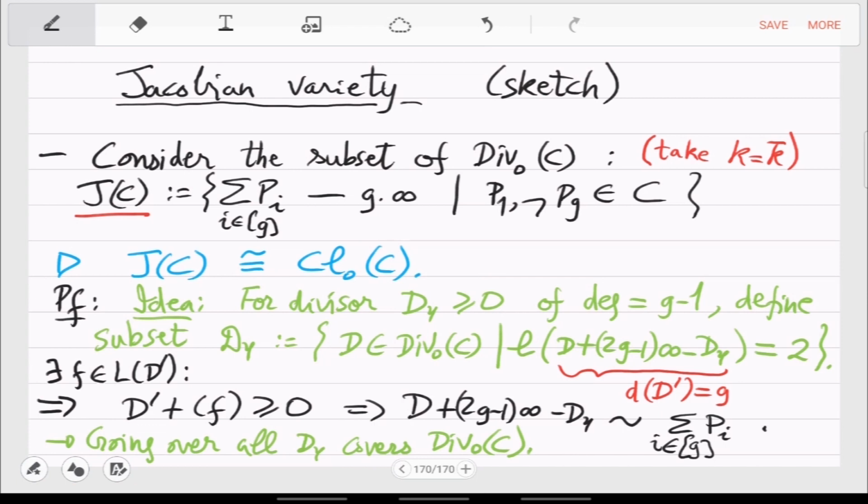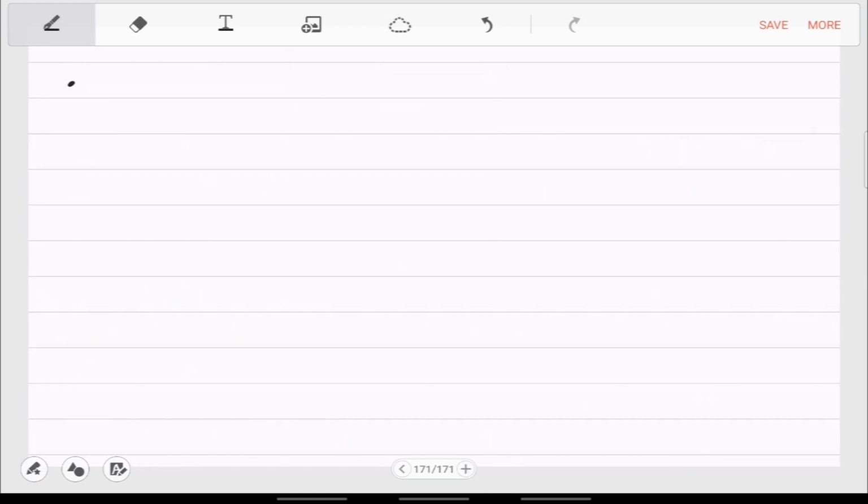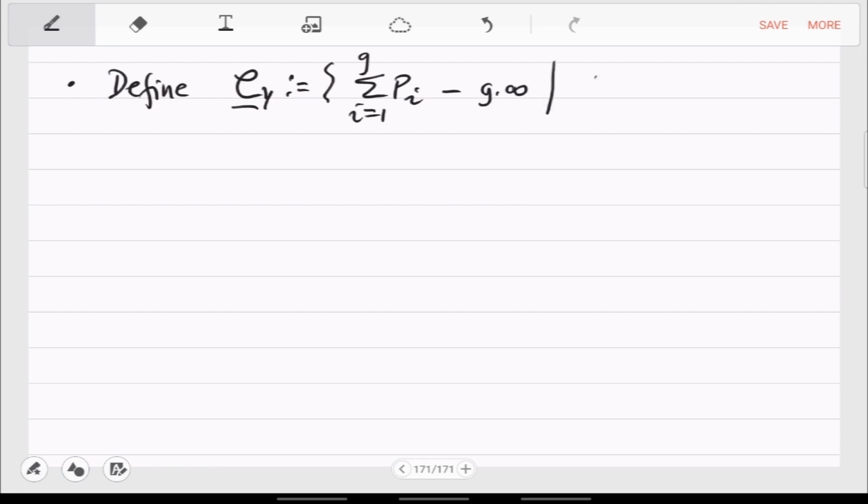So let's write this in a nicer way. So now we can define a nicer looking set C gamma, which is sigma of these points that we got minus G infinity, where D is in D gamma and sigma pi is that thing we got from the LD function.